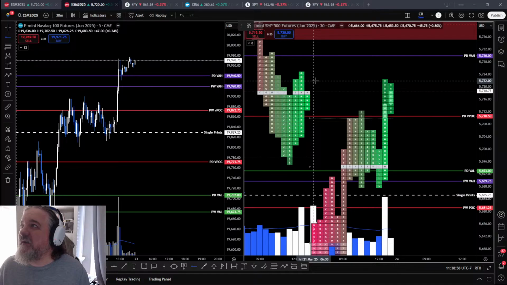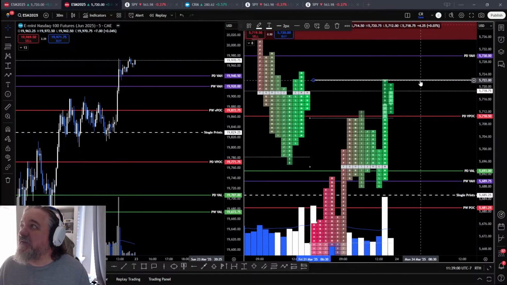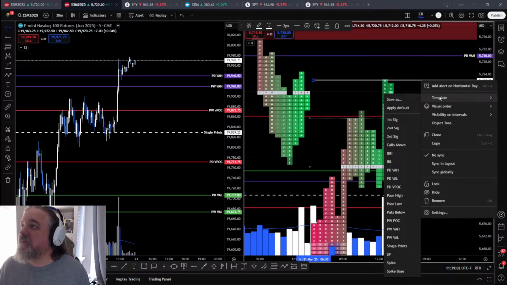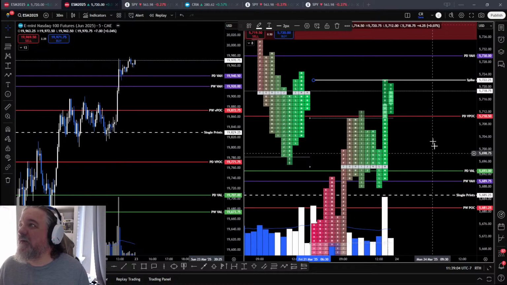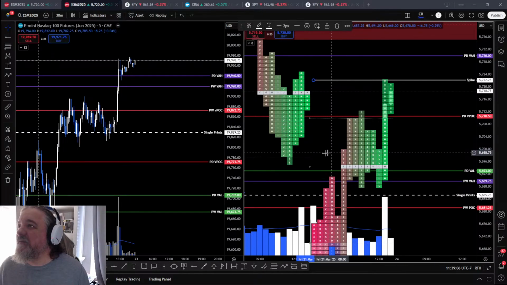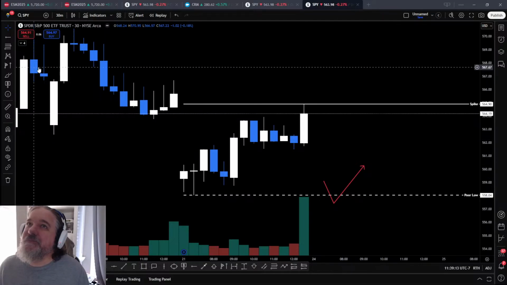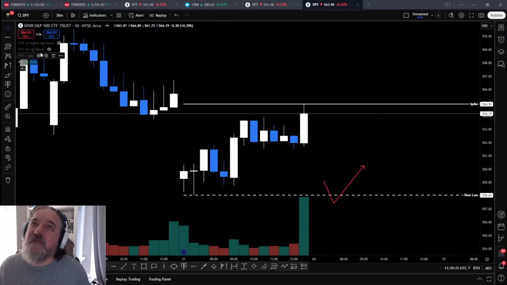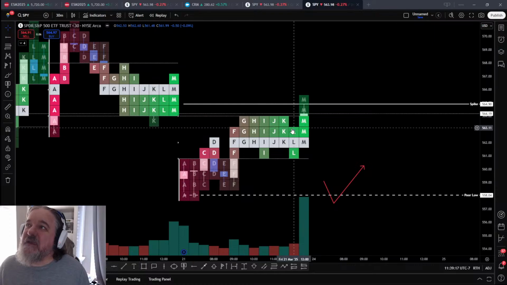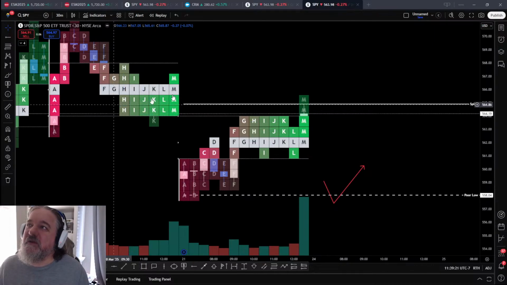So like if we were charting ES here, this is our strong high. I mean, this would be our spike, sorry. And the base is going to be the L period. But we'll go back to SPY and do this. I can't see where the candle is when I have this turned on because it's not transparent.